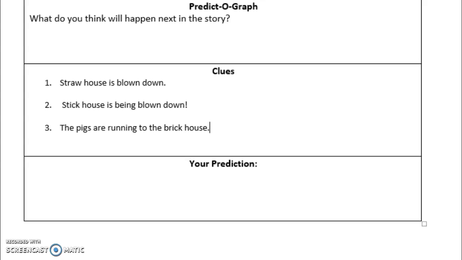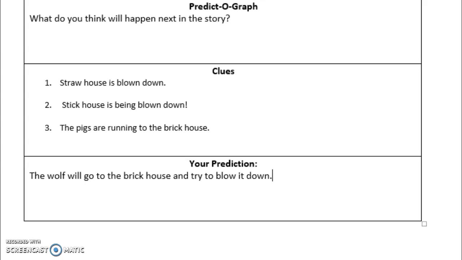I'm going to say, based on the straw house is blown down, the stick house is being blown down, and the pigs are running to the brick house, I'm going to make a prediction that the wolf will go to the brick house and try to blow it down. So I'm going to go down here and type that right now. And again, you guys will be writing with your pencils. The wolf will go to the brick house and try to blow it down.